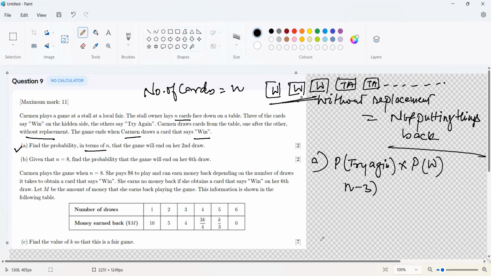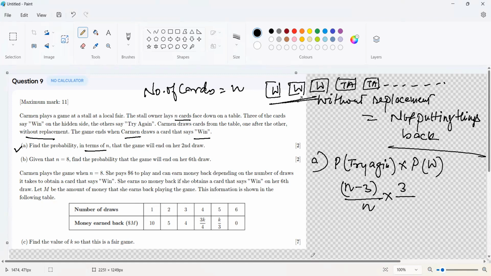Total minus three, n minus 3, upon total cards, which is n. So (n minus 3) upon n is the probability of getting a try again card on the very first draw. On the second draw it got the win card, and three are the win cards.